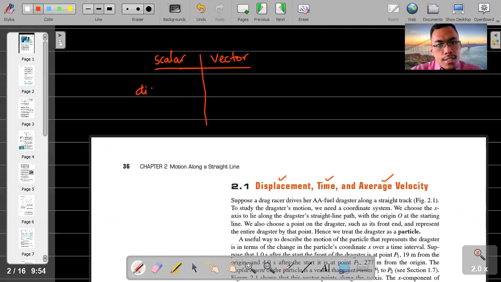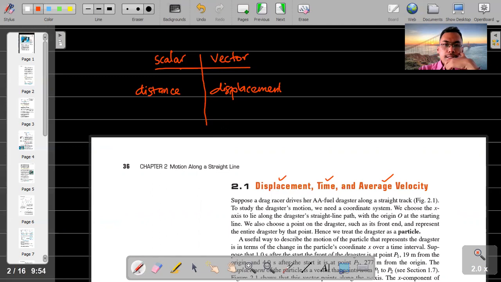The scalar is distance, and the vector type of distance is displacement, like what we have learned on our previous meeting.